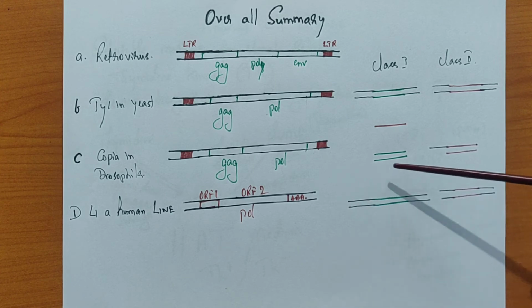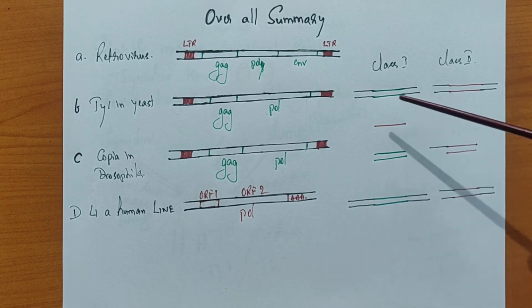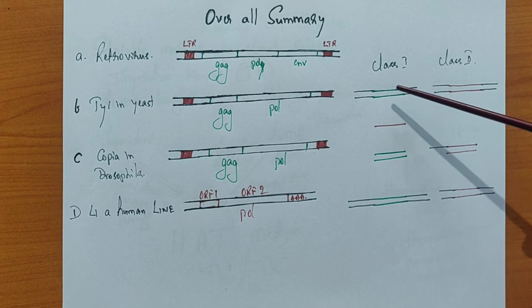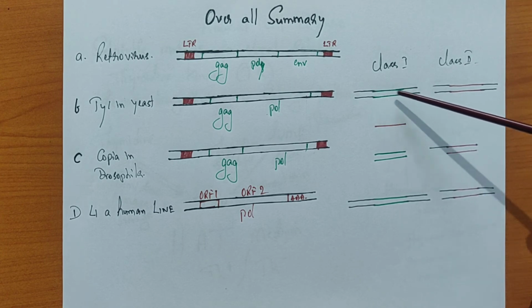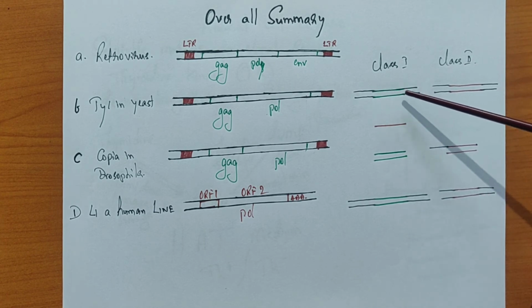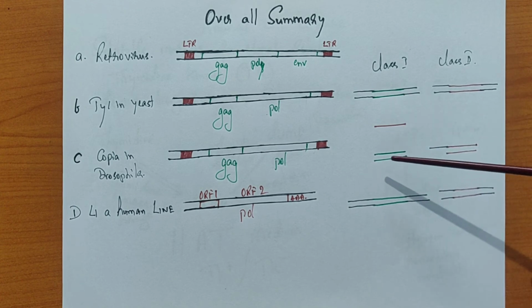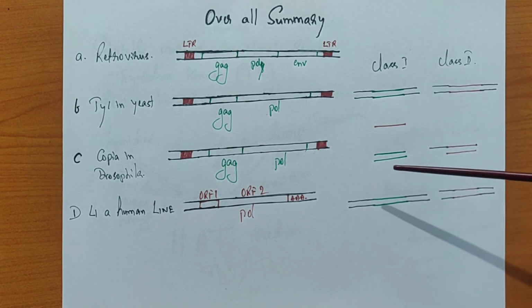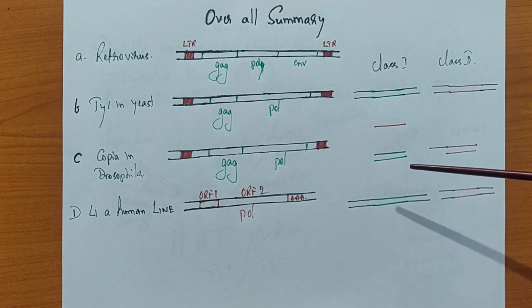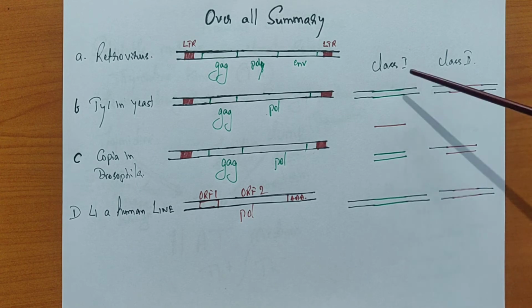As a result, this is going to get incorporated elsewhere. So in the case of class 1 jumping genes, the transposable element is first a stable element, then it will make several copies and make sure that these copies are integrated elsewhere. So we are going to get more copies integrated all over the chromosome.